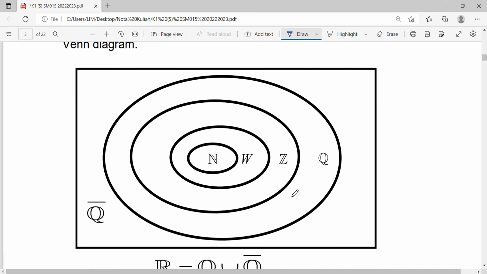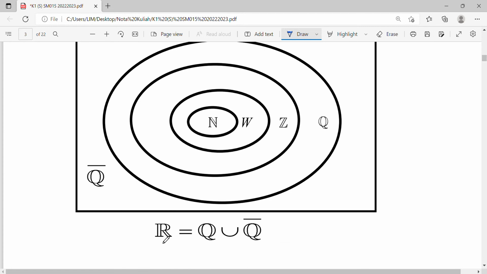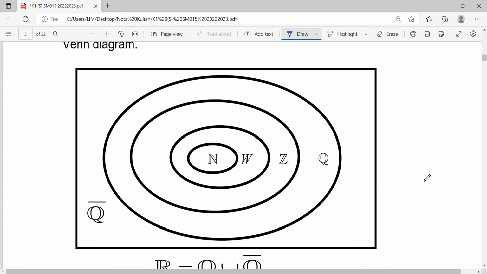Out of them, if your decimal is not nice, it will be categorized under irrational numbers. So all of this is real numbers, the numbers that you are always computing with using your calculator from Standard One until now.